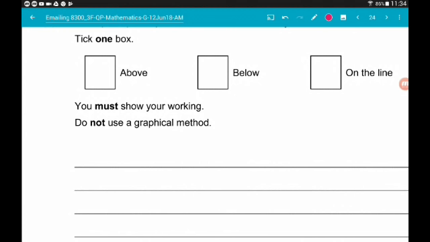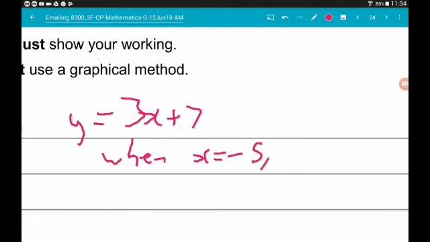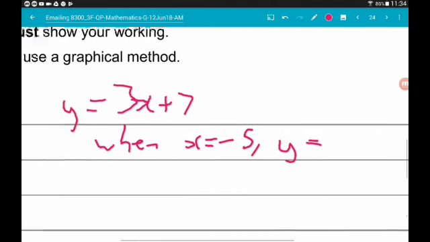So on the line y equals 3x, add 7, when x is minus 5, y is going to be 3 times minus 5, which is minus 15, add 7, which is minus 8.